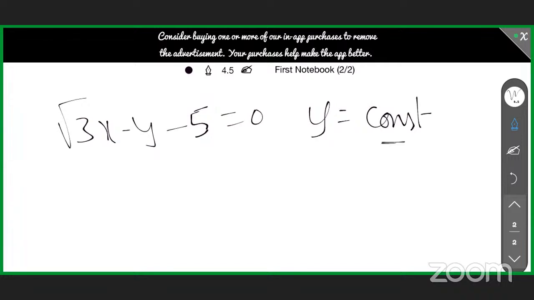For this, what should be my angle of rotation? This also we are basing on one of the corollaries. So what will be the angle theta?